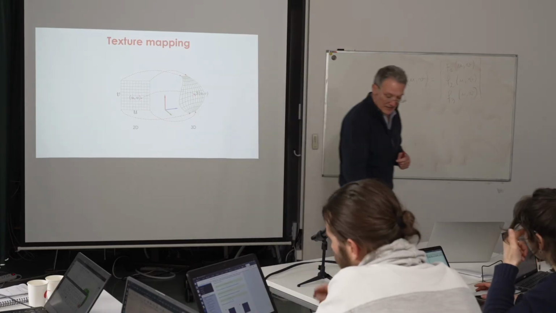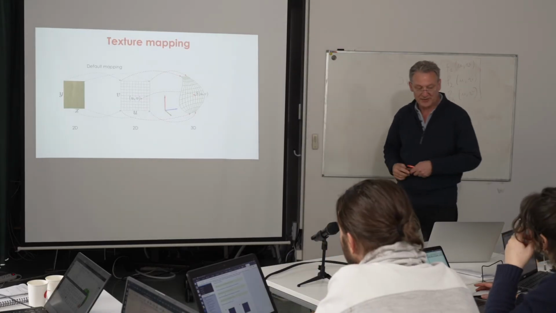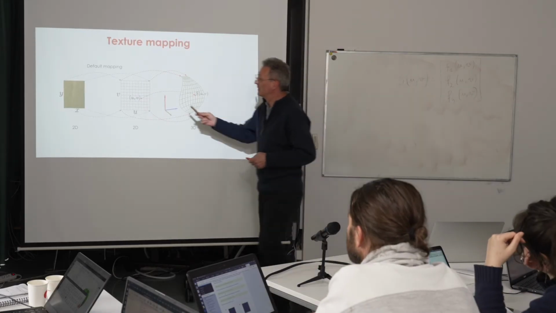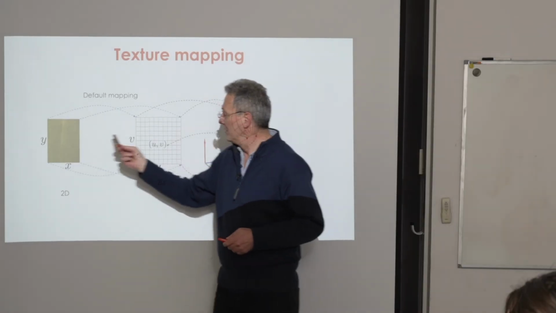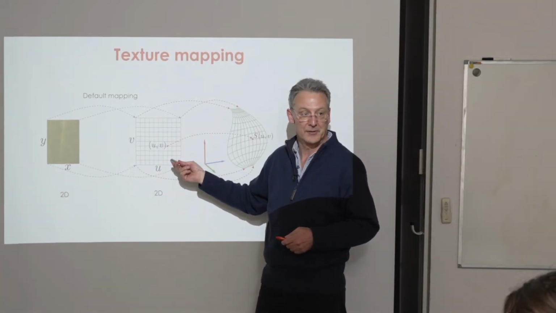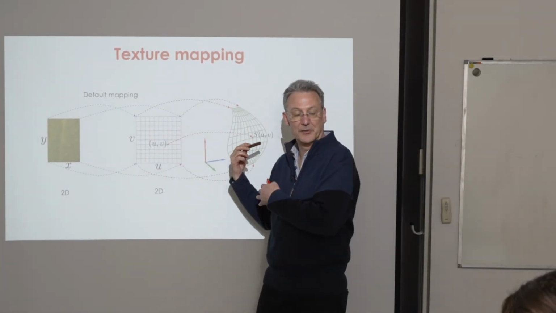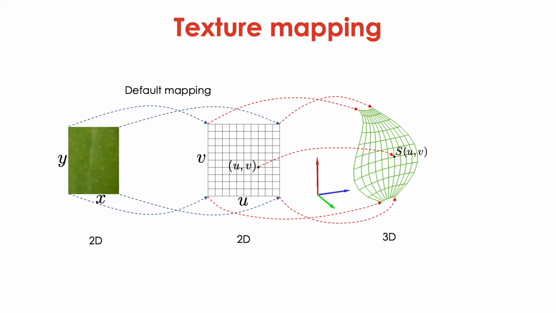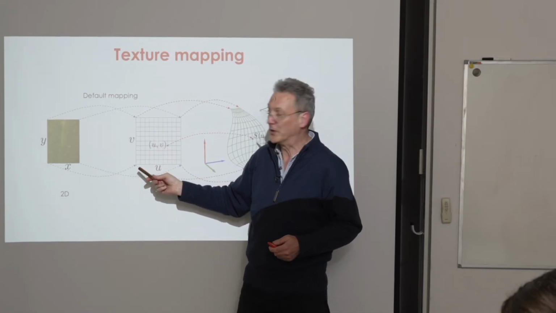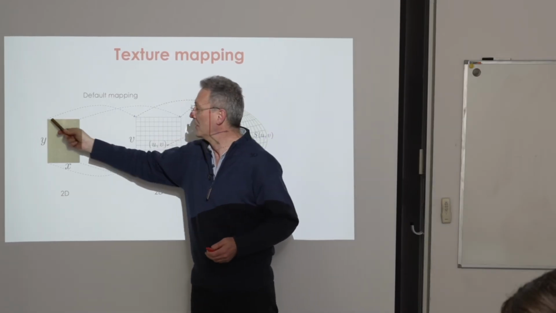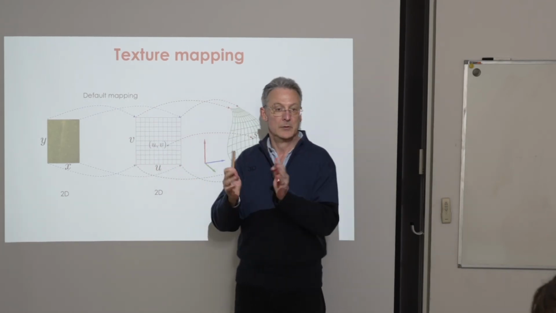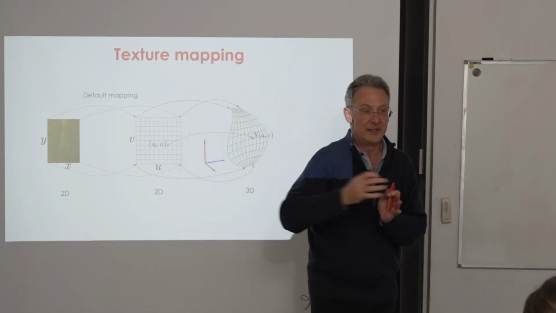So it's very easy to do this. You just define how you map your image to the surface coordinates, and then automatically the transport will be made to the 3D object. Easy. By default, if the image is a square and the surface parameter is a square or rectangle, you map the corners onto each other and assume that there is linear mapping.